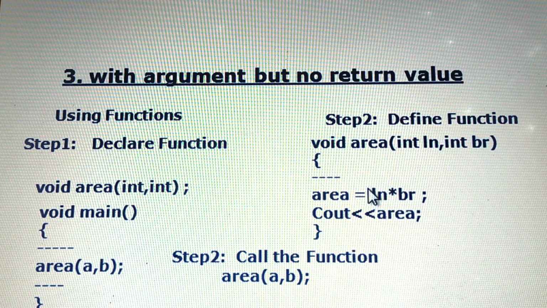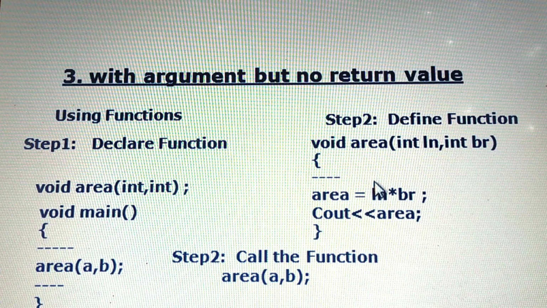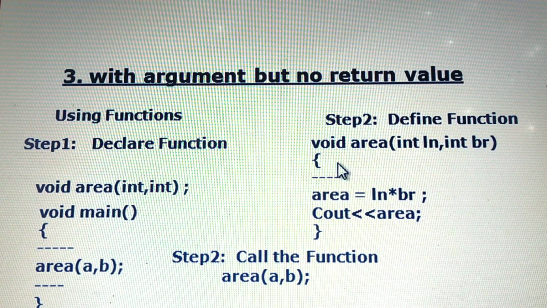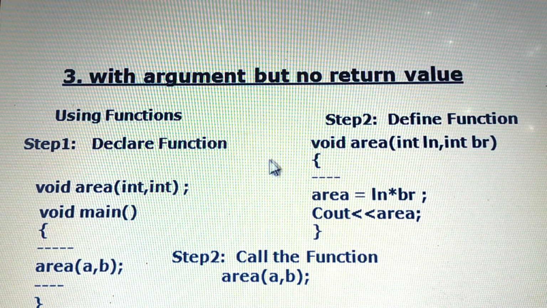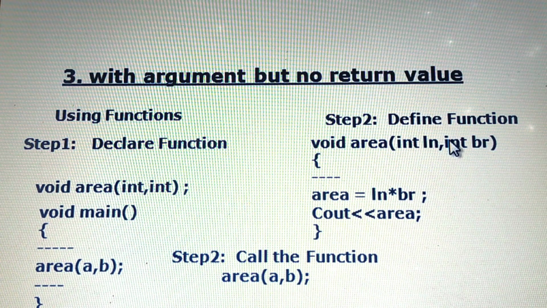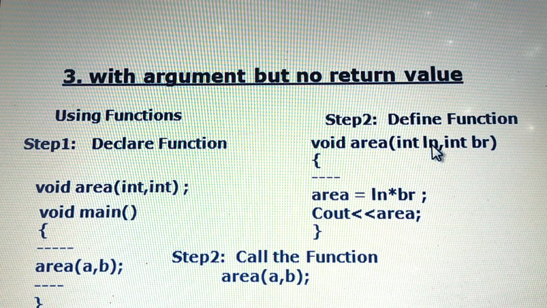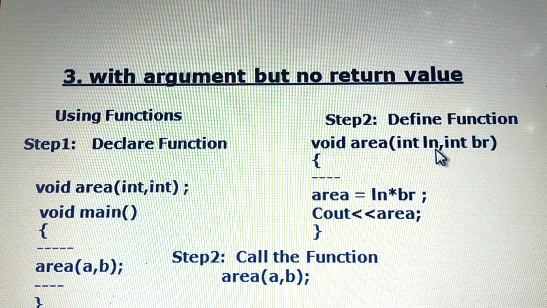Then the defining section. How to define the function? The function title starts with the return type void, then the name of the function, area. Then, since we are passing two arguments, you have to use a two-parameter list: the first has data type int, variable name ln, and the second is br, data type int.